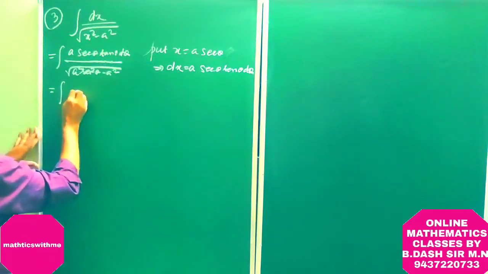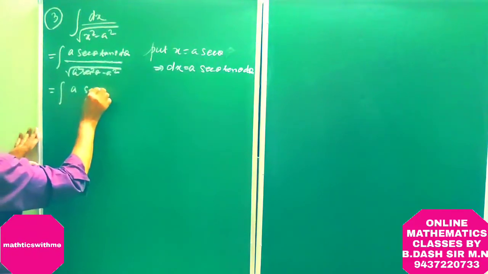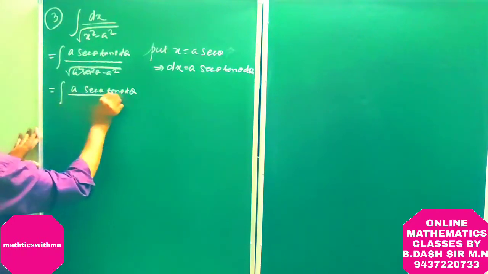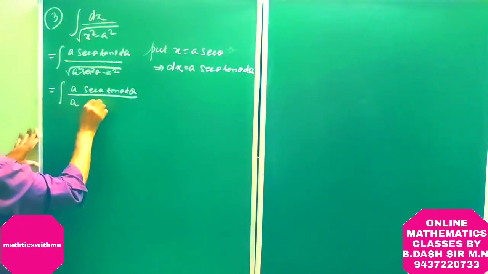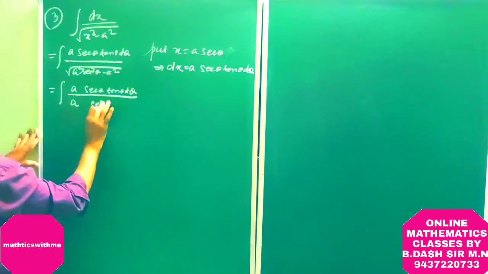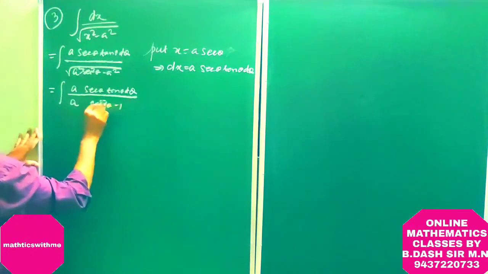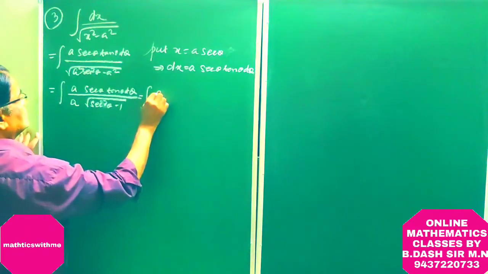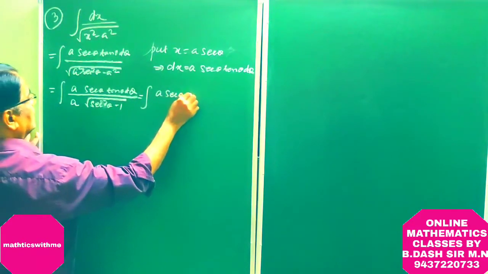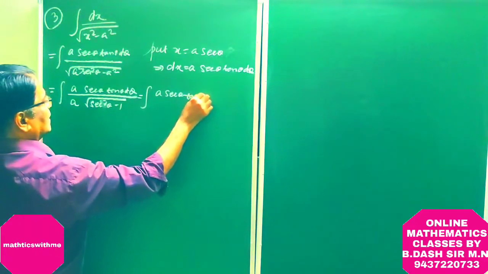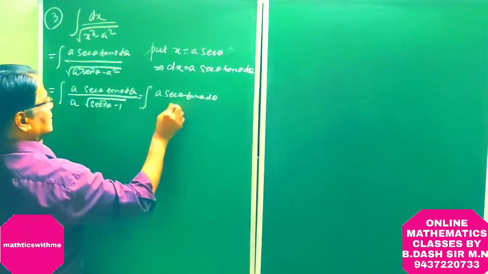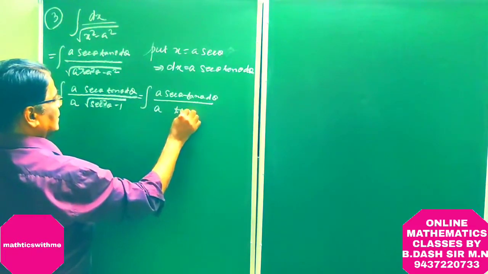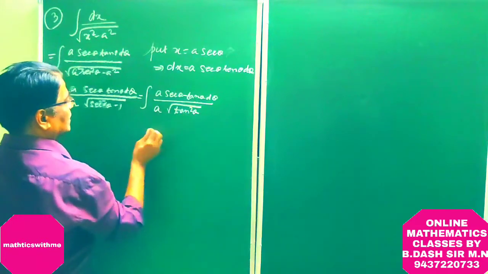This is integration a sec theta tan theta d theta divided by a, this will be (sec square theta minus 1) root over. This is equal to a sec theta tan theta d theta divided by a tan square theta root over.